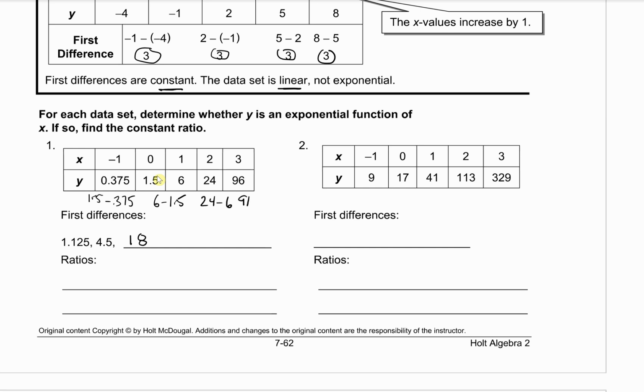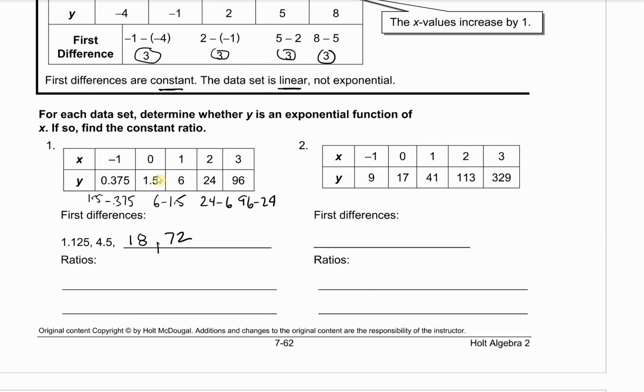And then 96 minus 24 is 72. So notice we're going from 0.375 all the way to 72.